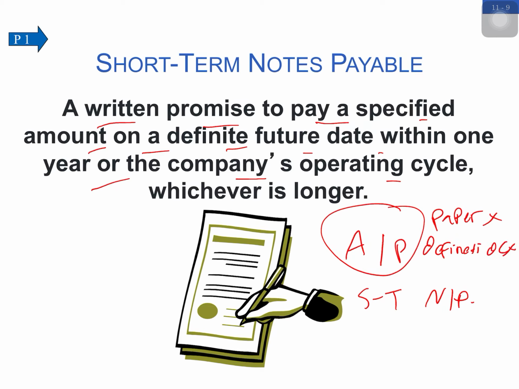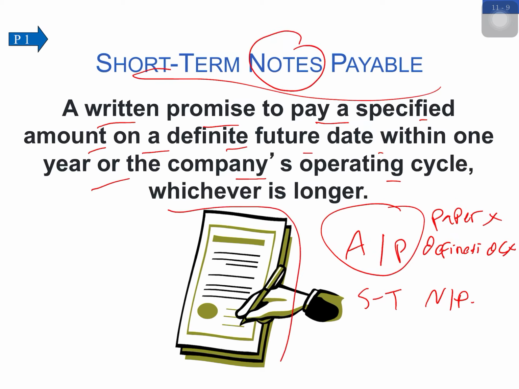But in short-term notes payable, they have the note. Note means the paper. In this paper, we can know the deadline of the debt, to whom we pay, and also the amount. But for accounts payable, we do not have the paper.